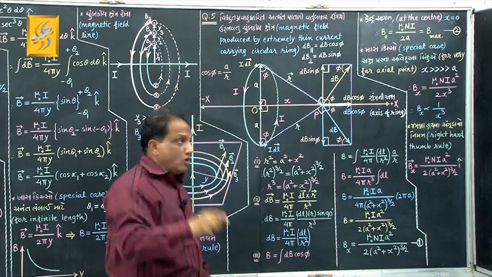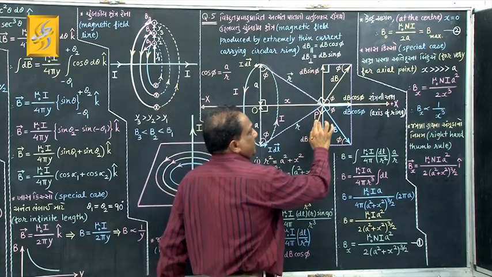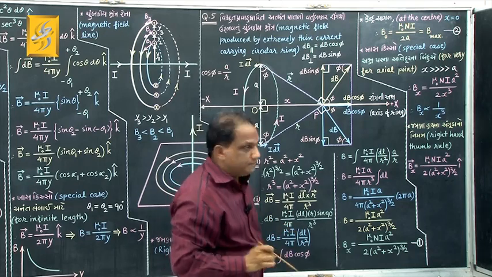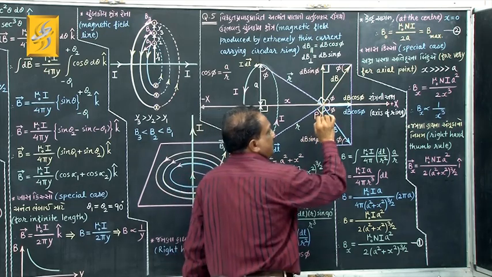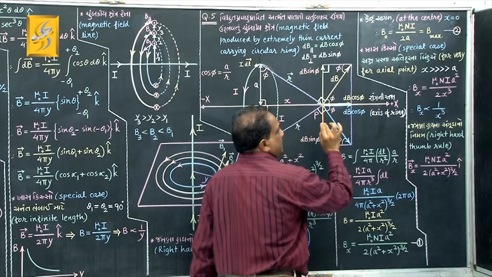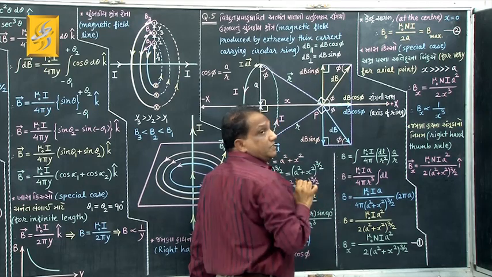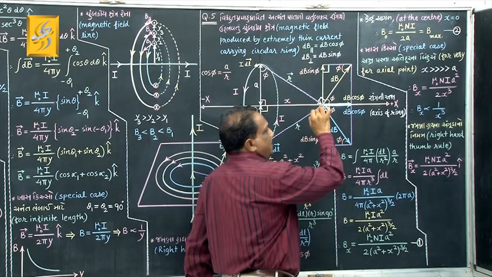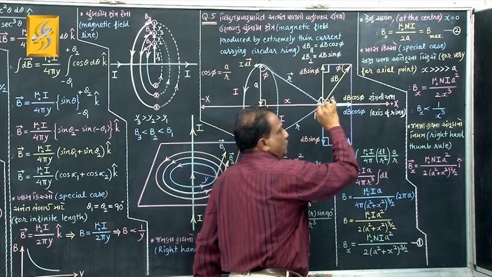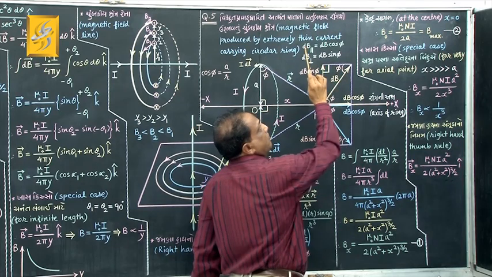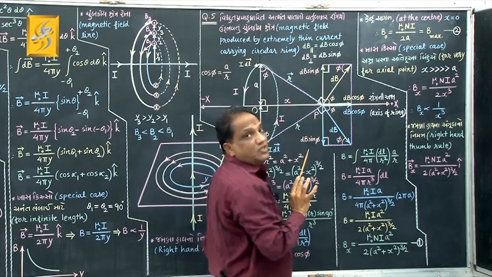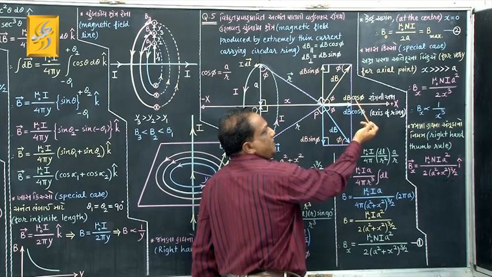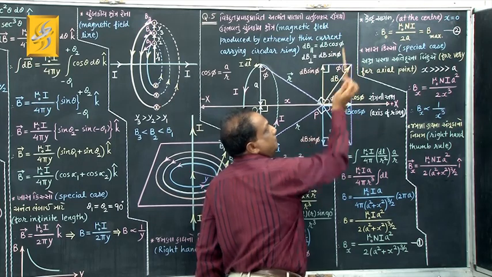Now, just resolve this vector into two mutually perpendicular components. One is this component, another is this component. Correct? They are mutually perpendicular. Fine. But this component is parallel to the axis. I am showing by symbol dB parallel, which is the component of dB adjacent to phi, which is dB cos phi.